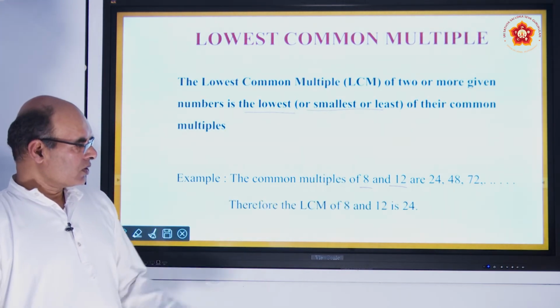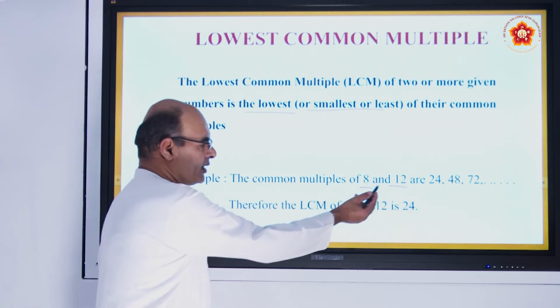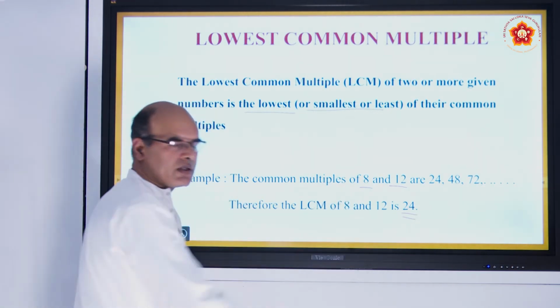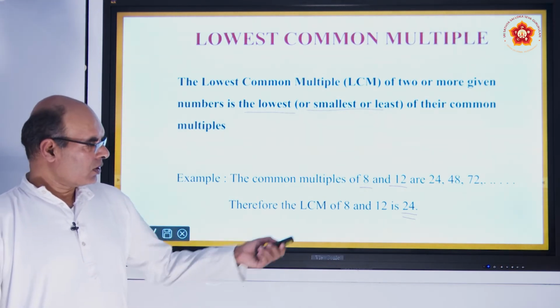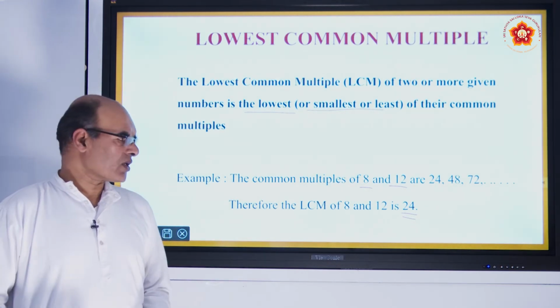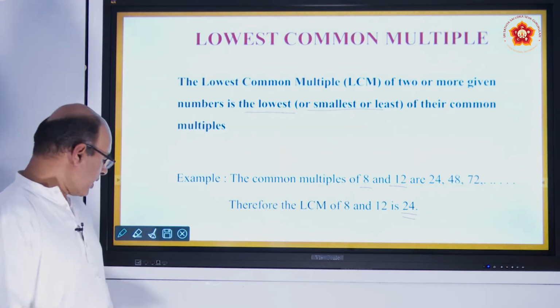So among those, 24 is the smallest, therefore the LCM of 8 and 12 is 24. Here also, to find the LCM of given numbers, there are many methods. Let us discuss one method, taking one more example.